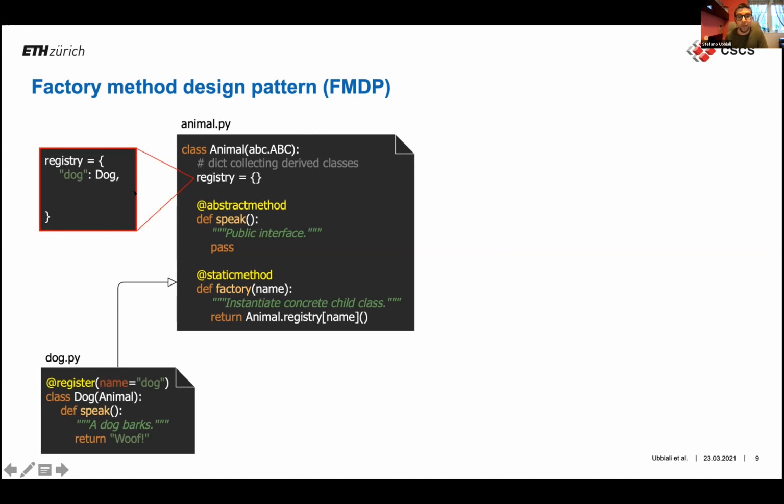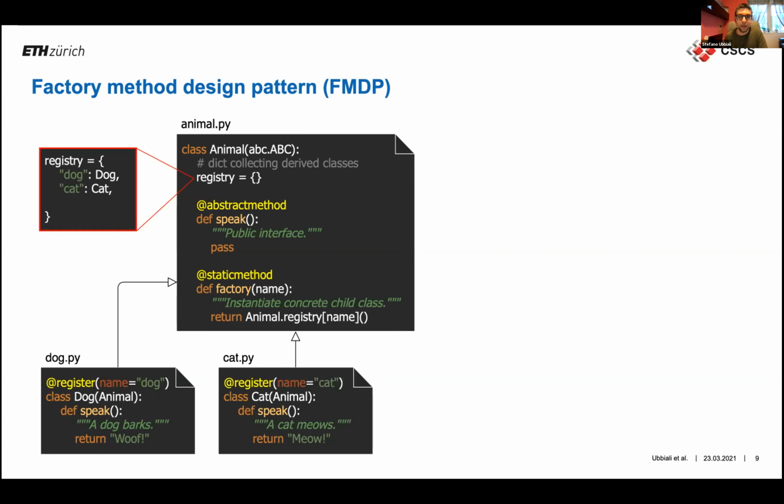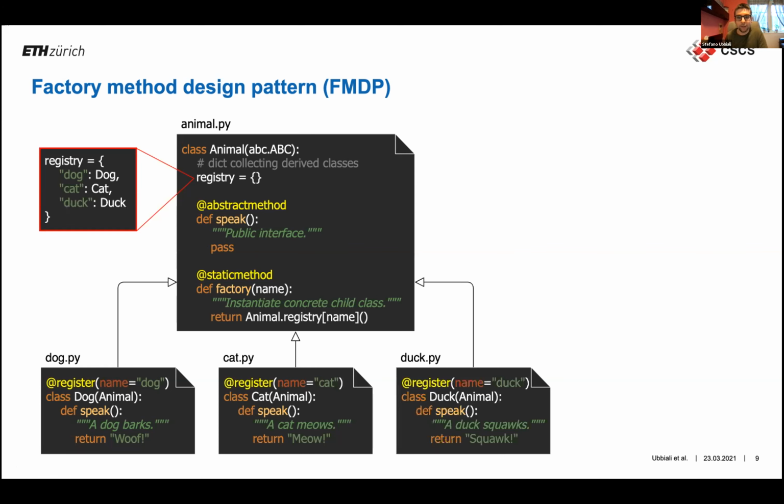And in this way, we make Animal aware of the implementation, and we can let the factory access and instantiate the child class. And this approach can be repeated with as many derived classes as we want. So for example, with a cat and with a duck. And there's no need for all these classes to lie in the same module.